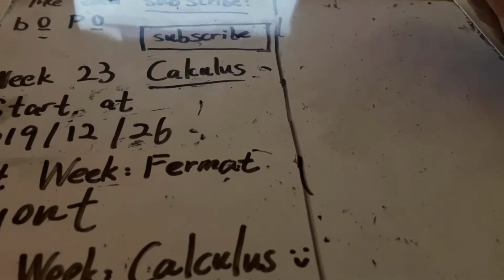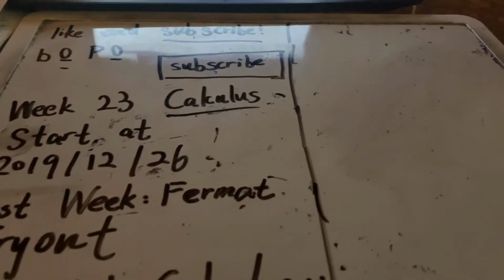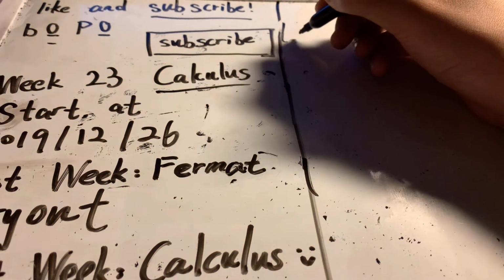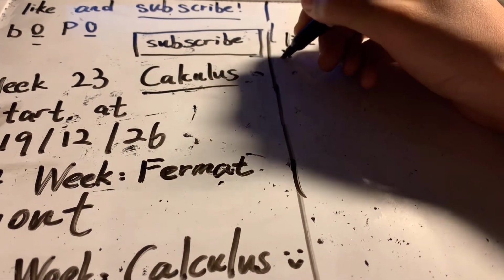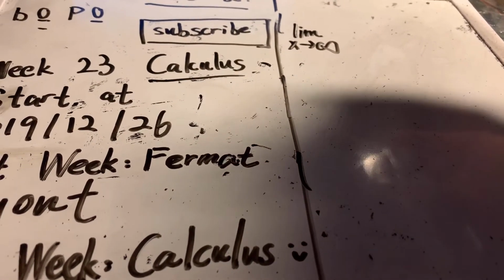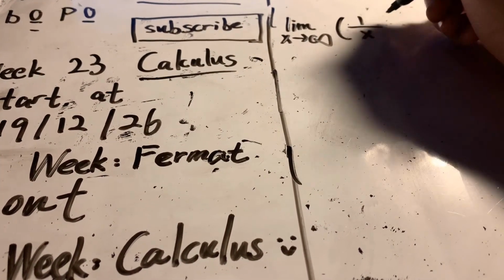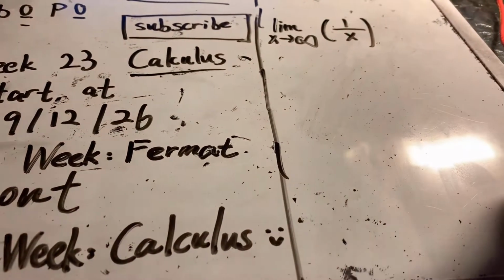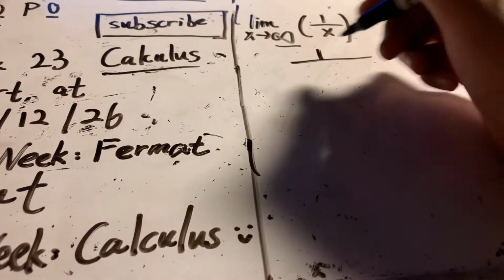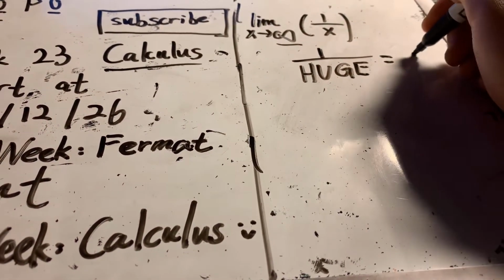Now we are going to talk about ways of calculating limits that involve infinity. An example is this. For this type of problem, you can just think of it as infinity; if we call it huge, 1 over huge is 0.